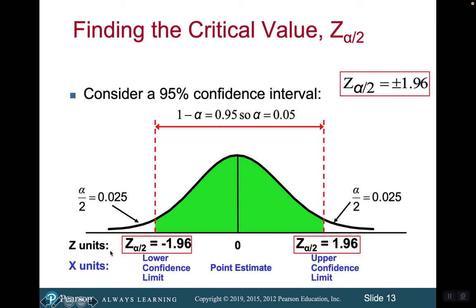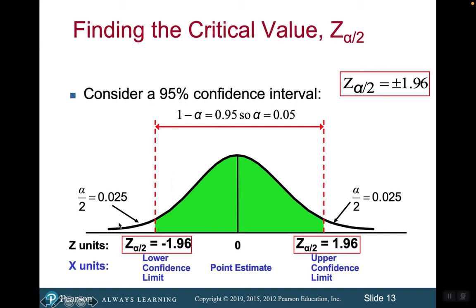As you can see, we're also going to convert the x values into z values. Once again, the z values relate back to the normal distribution. It's a conversion of the normal curve such that the mean is at 0.